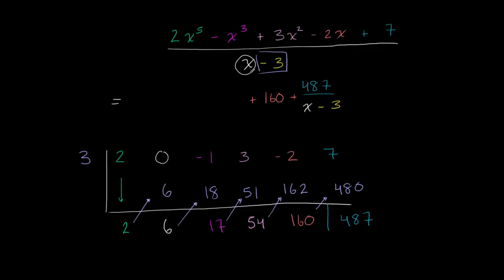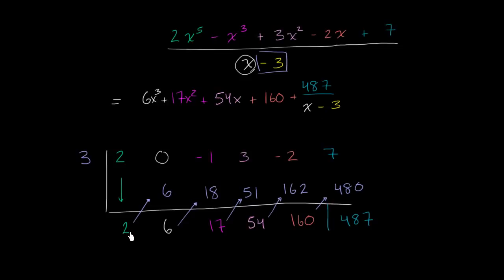Now this is our x term. So it's going to be 54x plus all of this. This is going to be our x squared term. So this is going to be 17x squared plus 54x plus 160 and all of that. Then this is going to be our x to the 3rd term. So this is going to be 6x to the 3rd plus all of that.